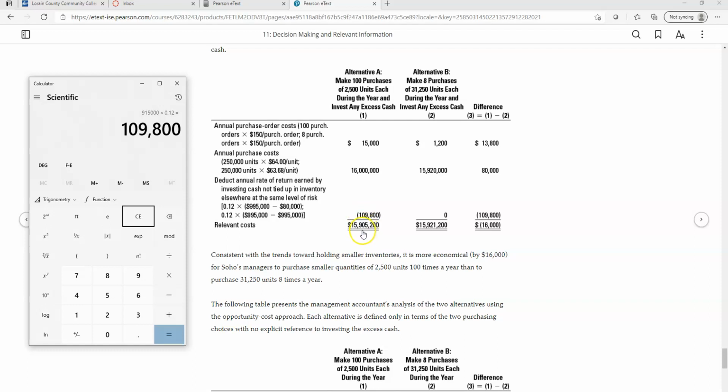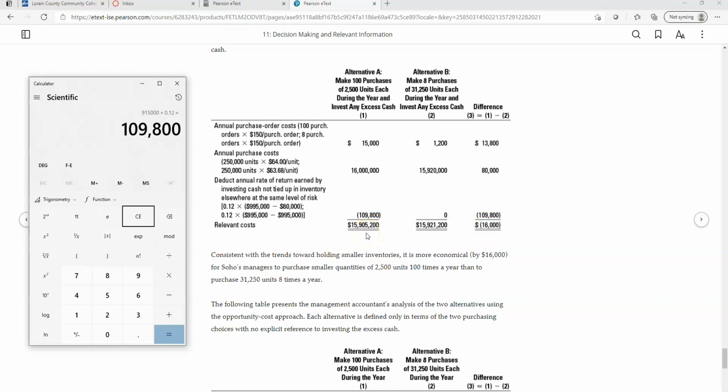So now when I take that into account, my relevant cost under alternative A is $15,905,200. Under alternative B, it is $15,921,200. So the difference is $16,000.